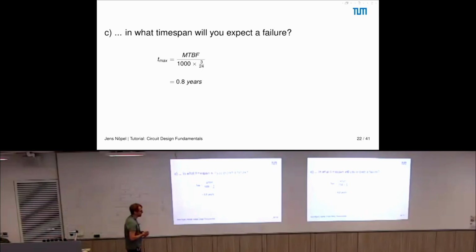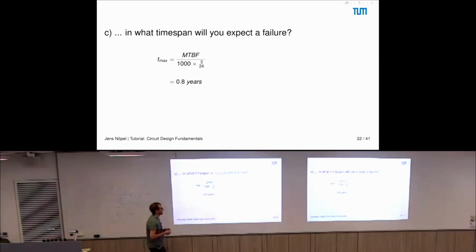You take the mean time between failure. And since you have 1,000 devices, this mean time between failure distributes over those 1,000 devices. So you just divide it by 1,000. And the second part of the question tells you that the devices only operate between 3 and 5 hours a day.